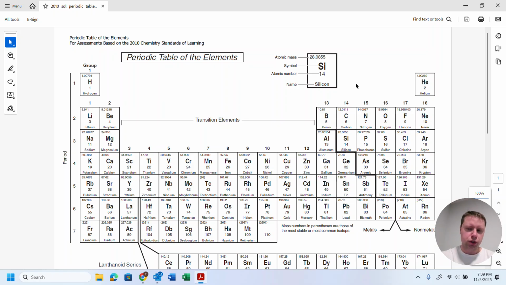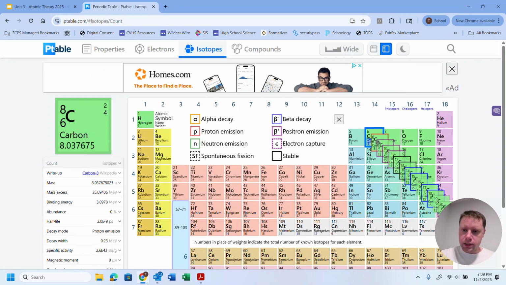Because that mass should represent total protons and total neutrons. Well, how do you get 0.0111 of a proton or a neutron? Well, you don't. What that number on the periodic table actually represents is using all these different possible isotopes and how much they occur in nature to calculate that average atomic mass.